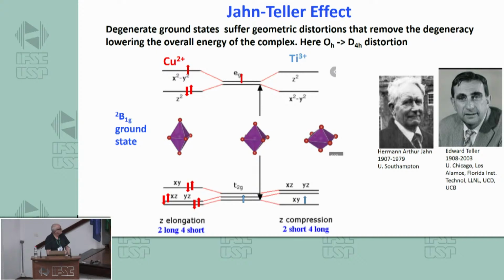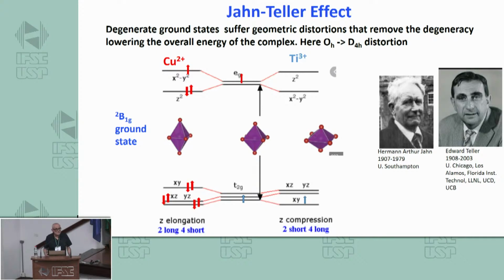If we distribute the 9 electrons in this way, we have the defect, of course, in the highest one, the x²-y². And then the ground state is a stretched octahedron. So we have, in this case, 2 long copper-oxygen bonds and 4 short ones.